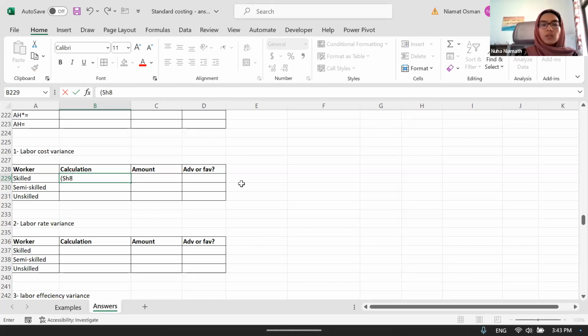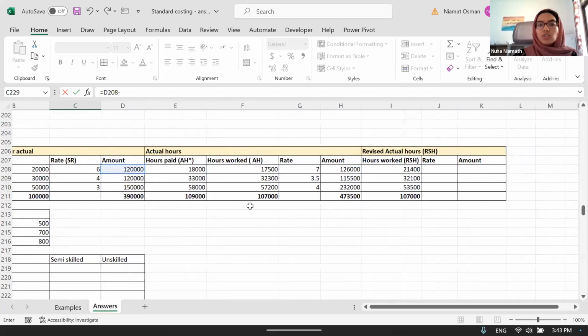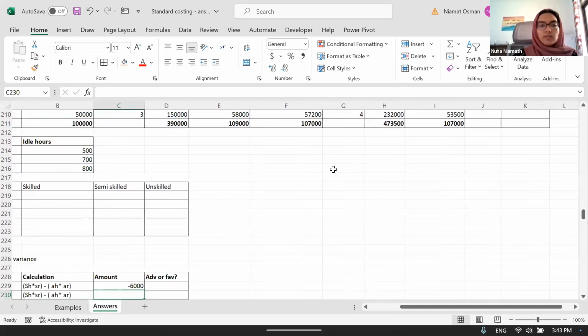SH into SR minus AH into AR. Thank you. Perfect. So we already know this. This is what SH into SR we already have here, minus AH into AR, which is this. So that gives us 6,000.